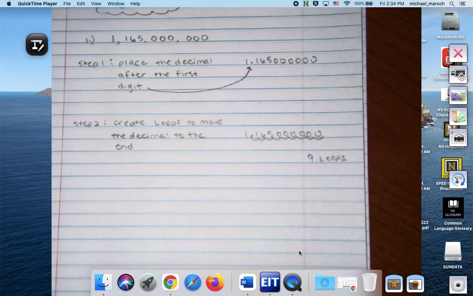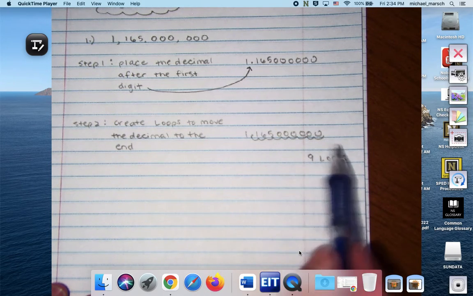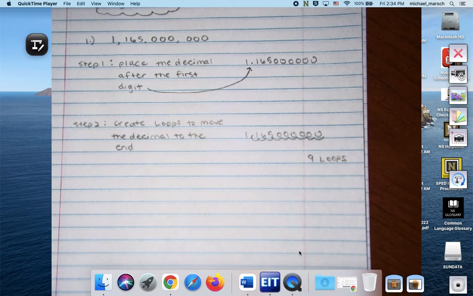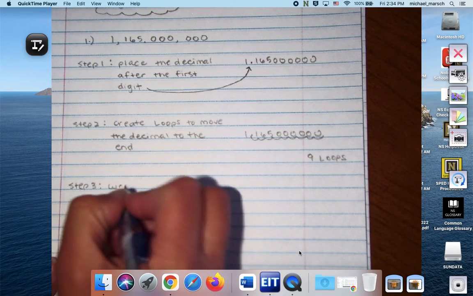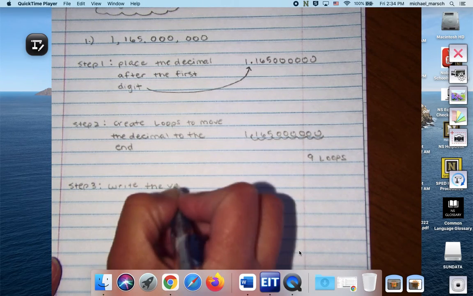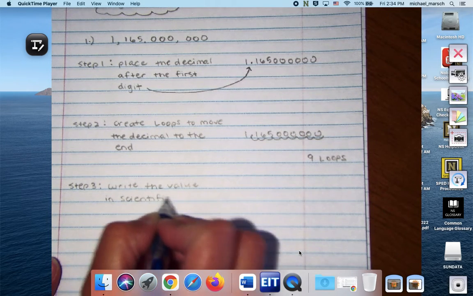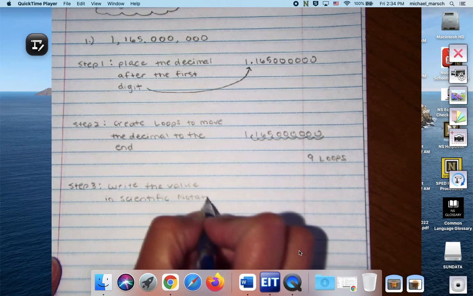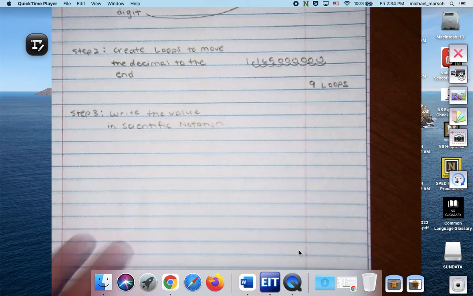And then you count them, and you find out that there are 9 loops to move this decimal to the end of this very large value. Step 3 is to write the value in scientific notation.